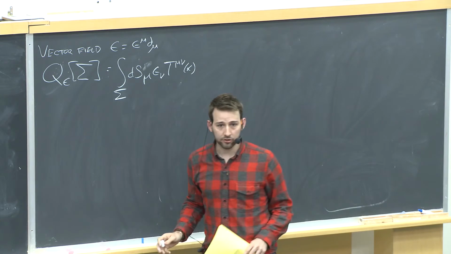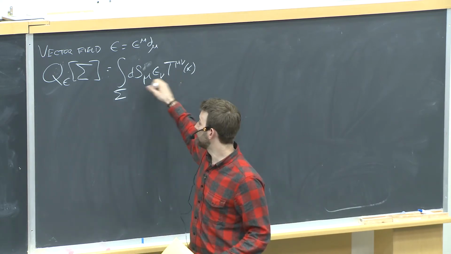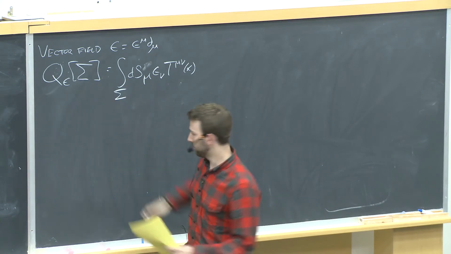And this thing will be topological in the sense that the thing inside is conserved, and so I can change sigma and pick up 0.